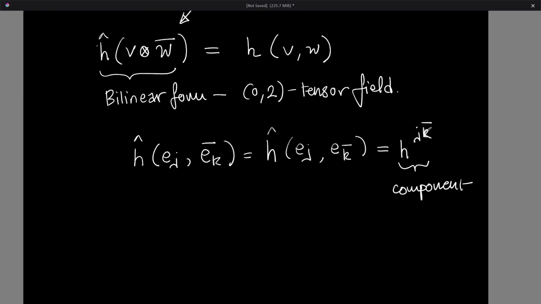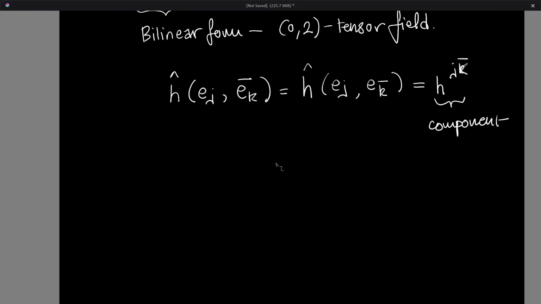So this is all well and good, but what is interesting about the Hermitian metric is that it's actually hiding a Riemannian metric inside of it. So what we have is a Riemannian metric that is compatible with J, the complex structure.